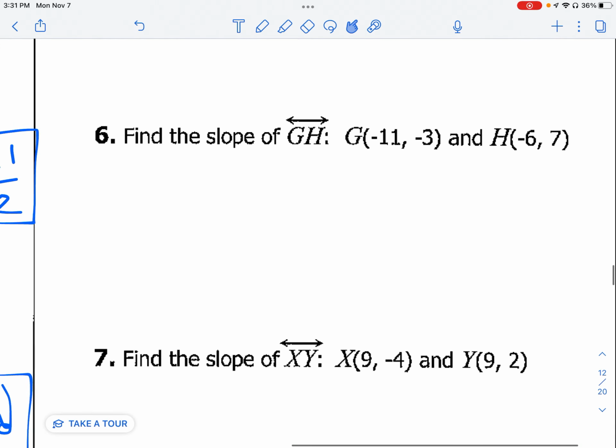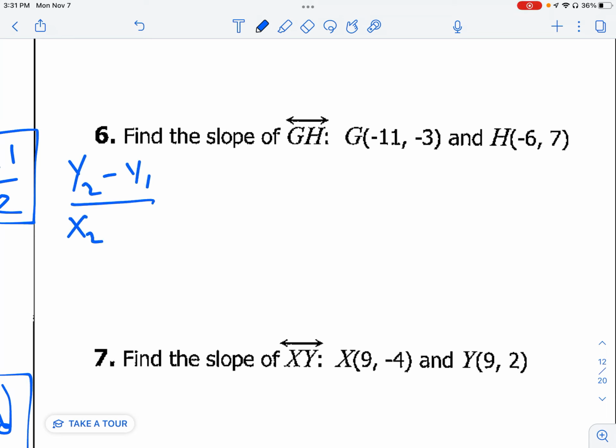Let's move down to our next one. So we're still dealing with y2 minus y1 over x2 minus x1. So m equals 7 over negative 6.